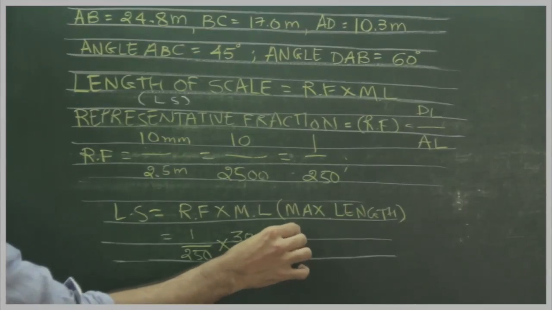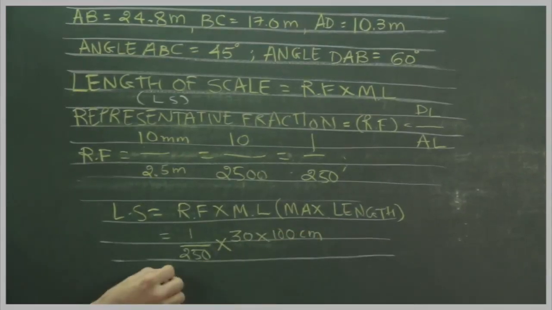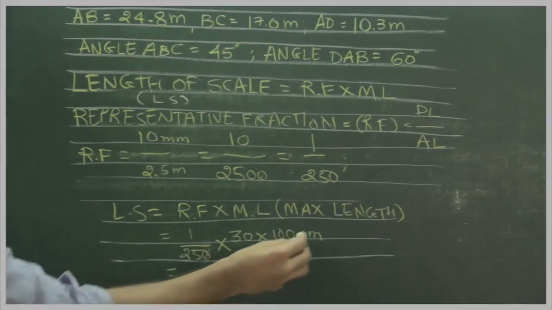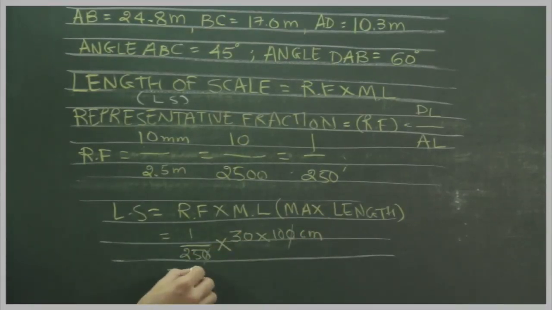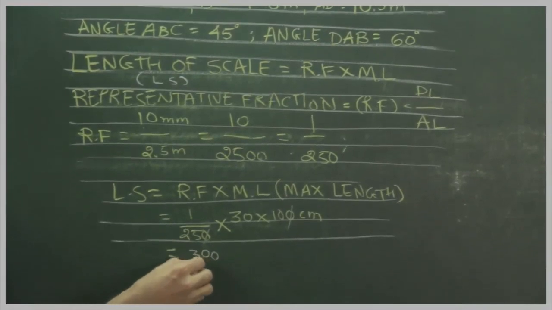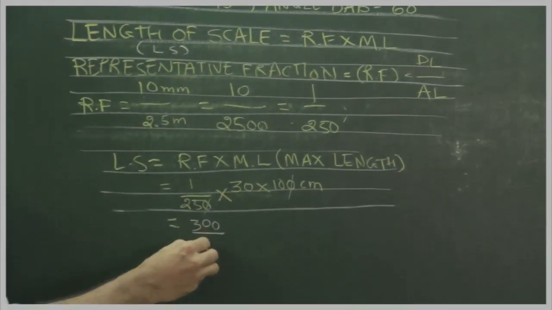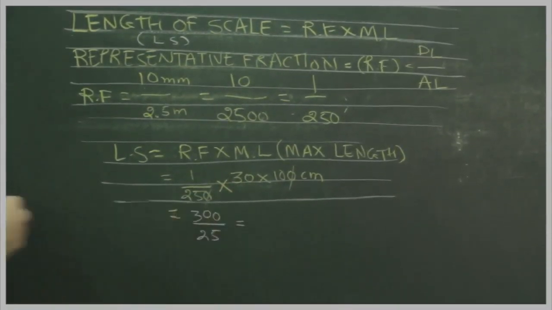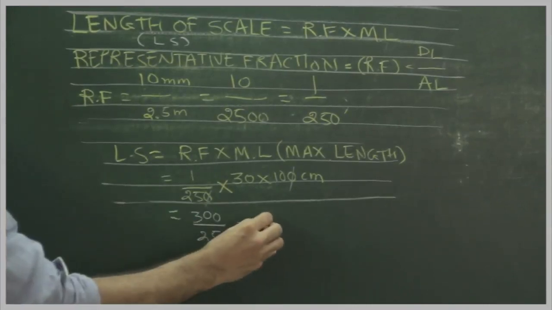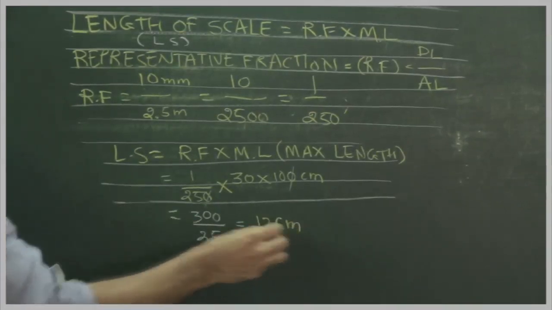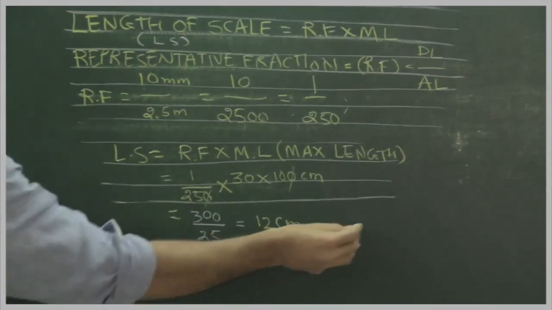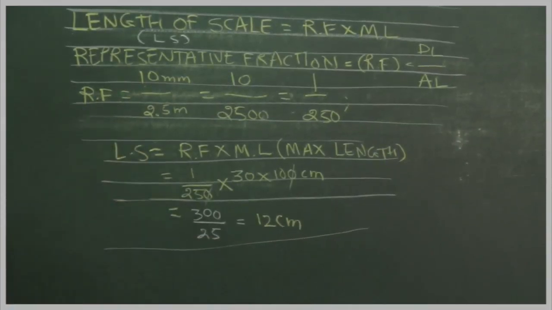Multiply by 100 will give me centimeter. Now if I solve this, this will cancel and we'll have 300 upon 25. So roundabout we'll have 12 centimeter. So our length of scale equals how much? 12 centimeter.